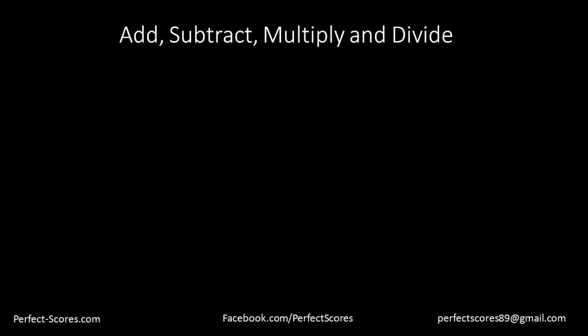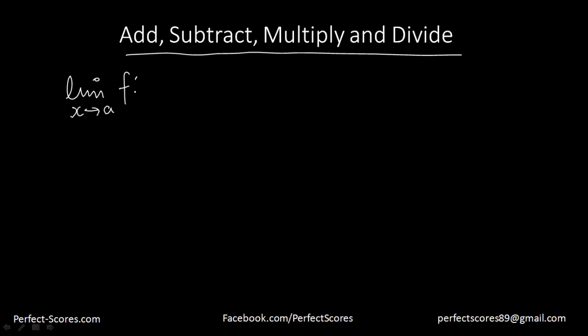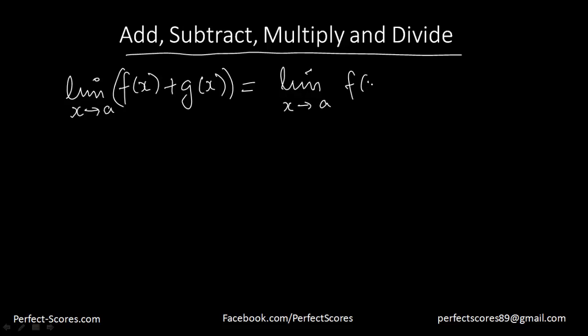Let's talk more. Now let's see what arithmetic calculations we can operate on limits. Let's suppose we have two functions, f of x and g of x. The limit as x tends to a of f of x plus g of x, I can write as limit x tends to a of f of x plus limit x tends to a of g of x.